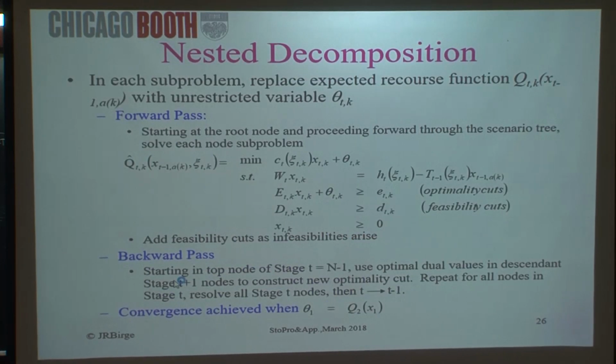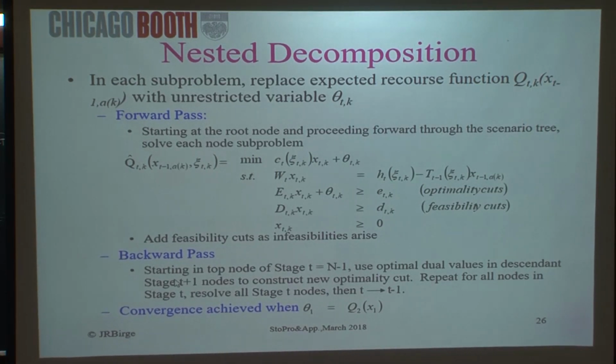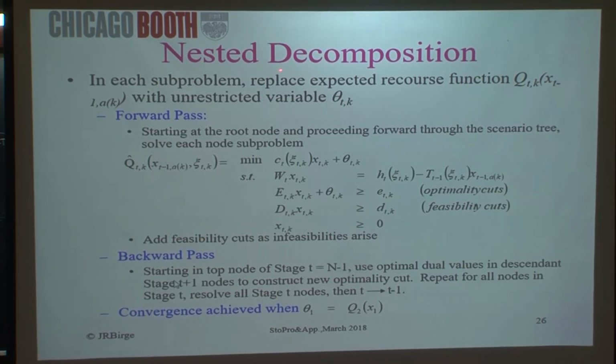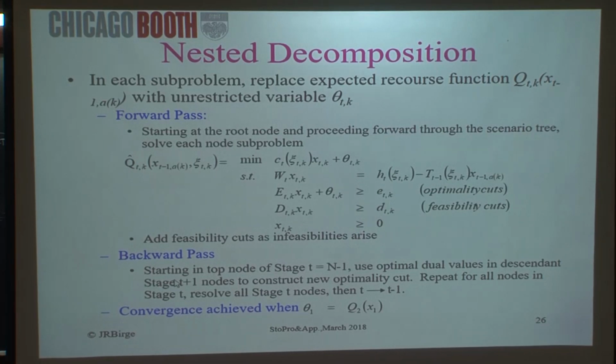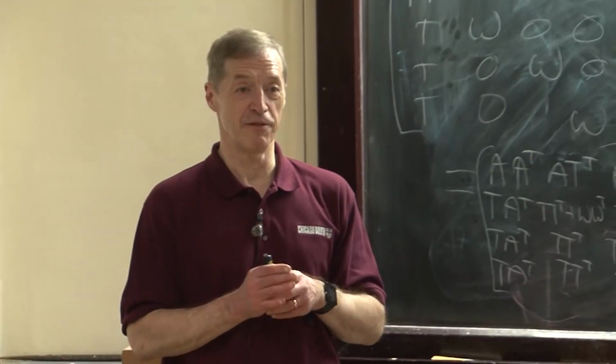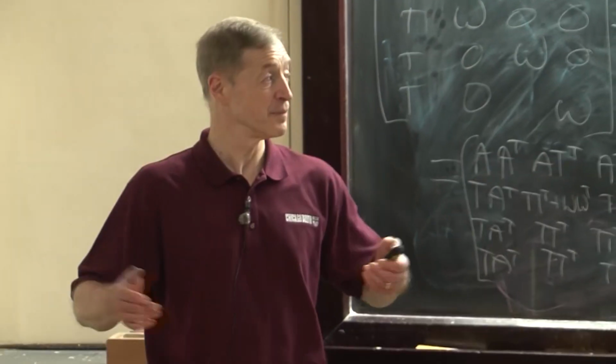Okay, now I wanted to mention a little bit about multiple stages, particularly because nested decomposition was the topic of my dissertation, so I have to mention it. But basically what nested decomposition does is it just repeats that two-stage decomposition method for every stage of a multiple stage problem.